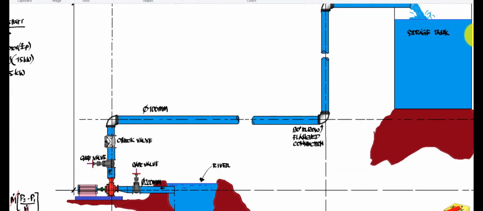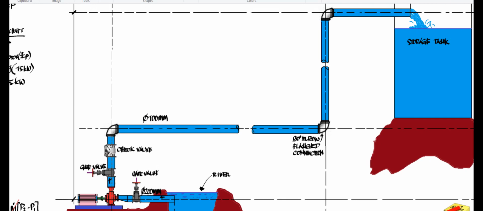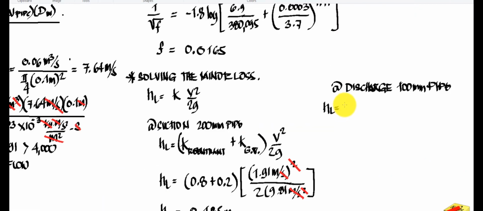So we have K at the gate valve, plus the K of the check valve, plus the K of the elbow, then we have the K of the exit.